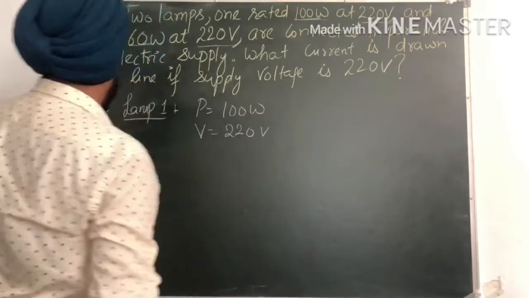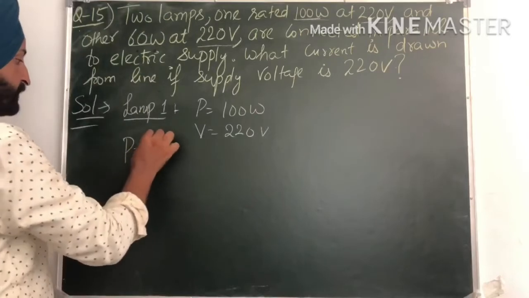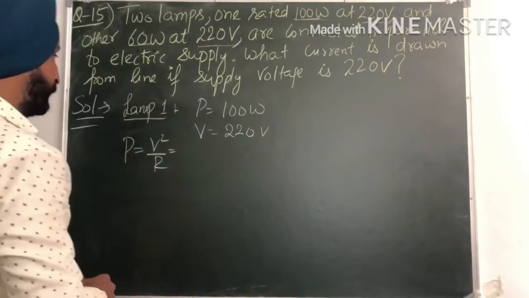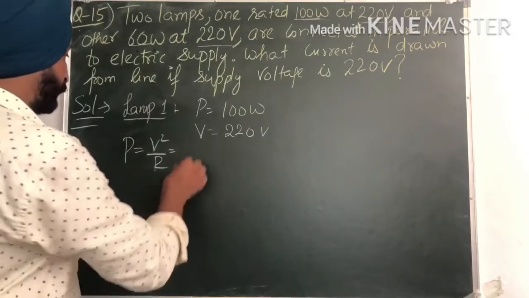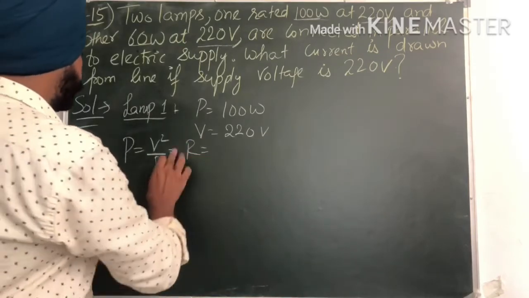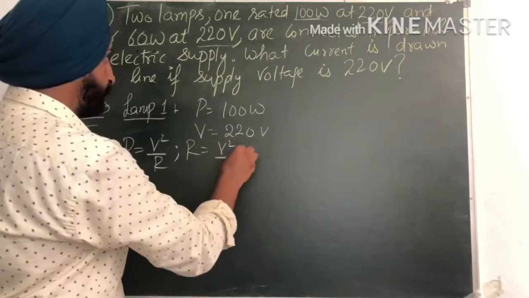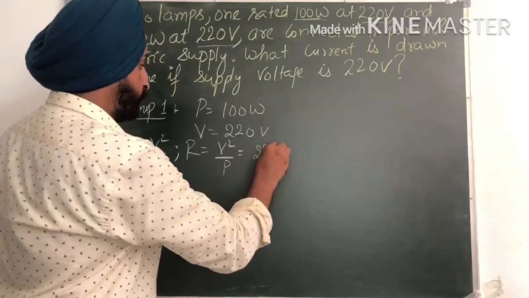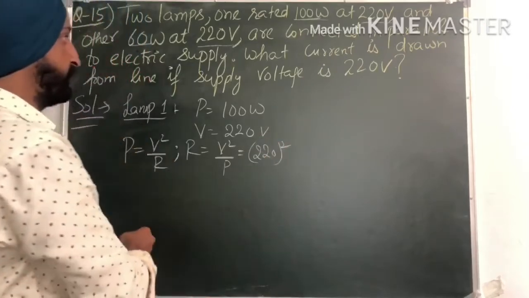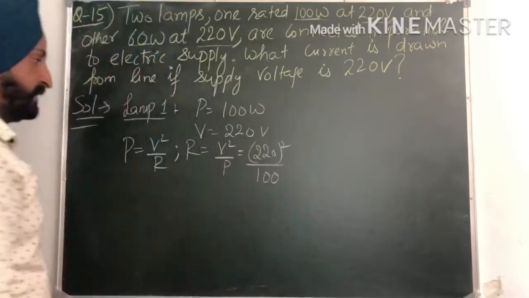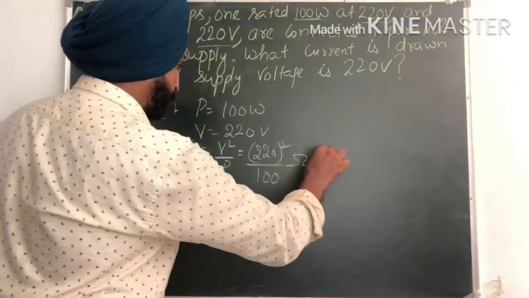Fine. Now I have a formula that power is equal to V square by R. So by using this formula I will be calculating the value of R, and R would be equal to V square by P. V square means square of 220, and power is of course 100. So this will be the resistance of the first lamp.